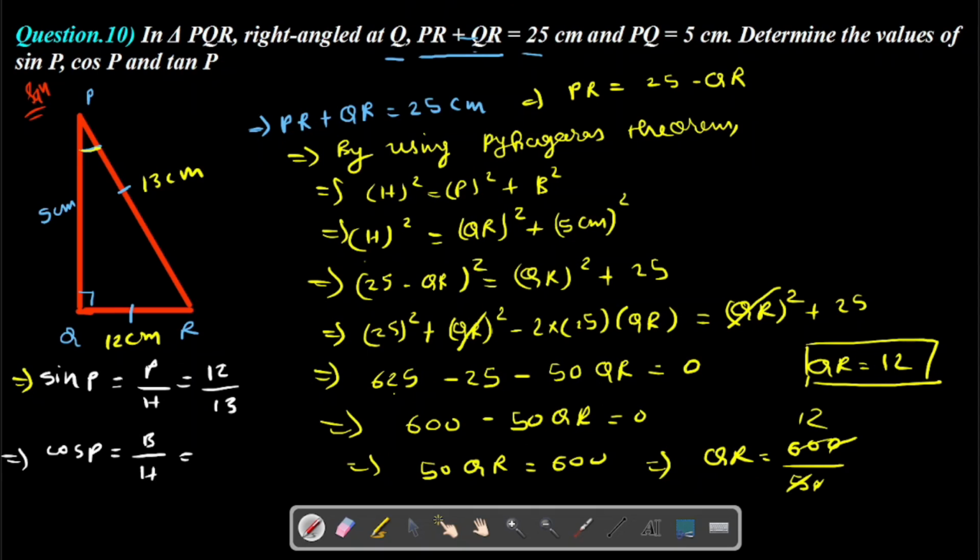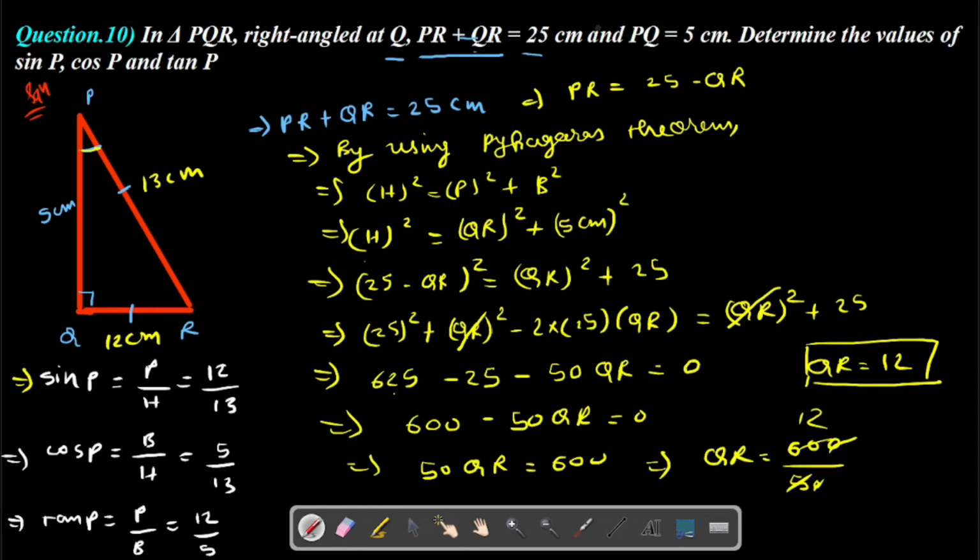Base for P is 5 centimeters, so 5 upon hypotenuse 13, so 5 upon 13. Similarly, for tan P, we have perpendicular upon base. The perpendicular is 12 and the base is 5, so it becomes 12 upon 5. Okay, so our question is completed here.